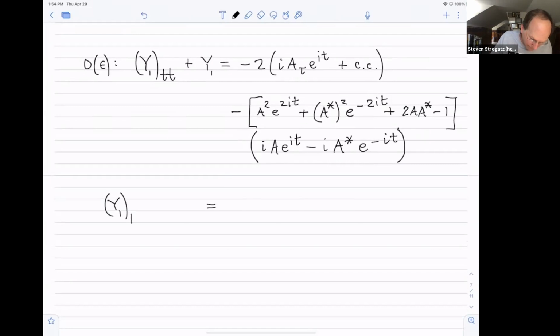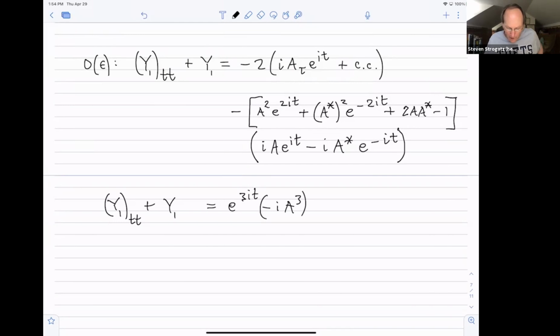Y1 tt plus y1 equals, well, first of all, there's an uninteresting term, e to the 3it times minus i a cubed. So where's that coming from?